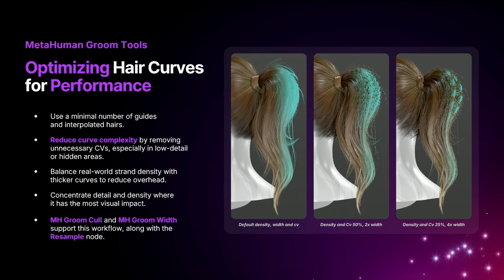For instance, the core of the ponytail can be heavily reduced, while detail is preserved along the edges and the silhouette, where the visual fidelity matters most, right? Tools like MetaHuman Groom Curl, MetaHuman Groom Width, and the resample from SideFX let artists simplify and balance grooms right in Houdini before exporting.